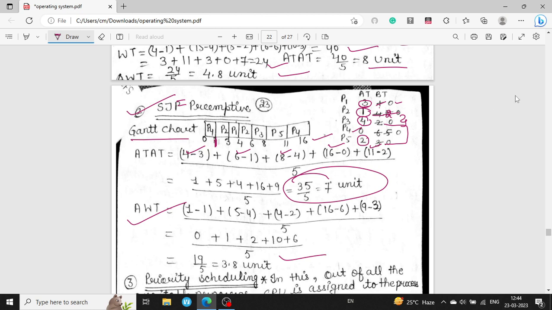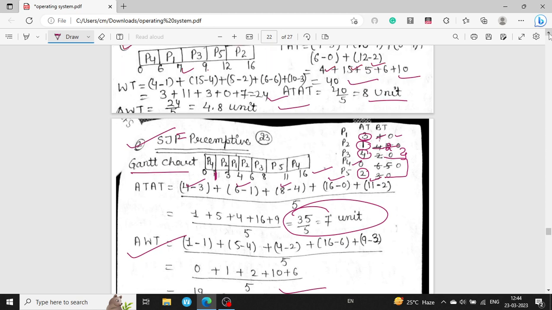You can compare: when we use shortest job first non-preemptive, the average turnaround time is 8 units, while with the preemptive method it is reduced to 7 units. The average waiting time is also reduced.